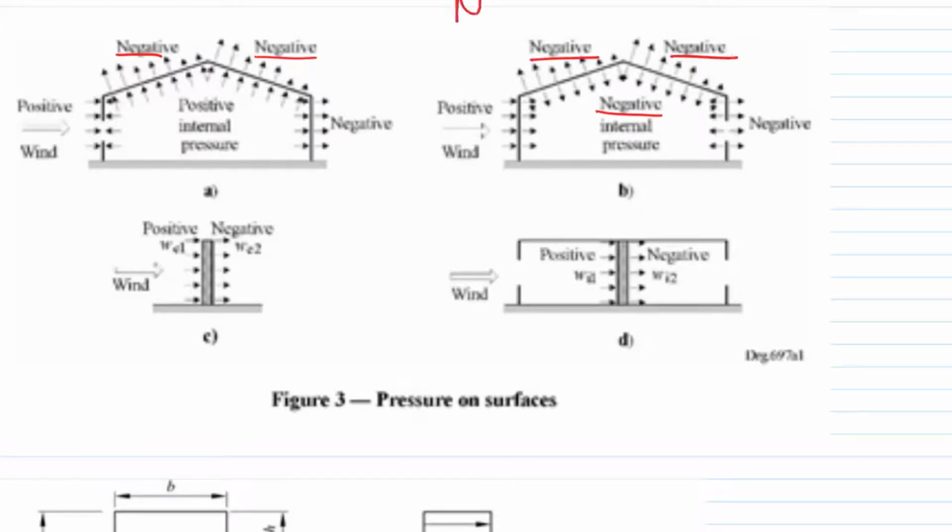Negative is away from the sheeting or cladding or whatever it is. So if you're on the outside, negative is out, and if you are inside, it's there. So that's negative and that's negative. They actually act in opposite directions. They counteract each other because you do it from the perspective of where you are.